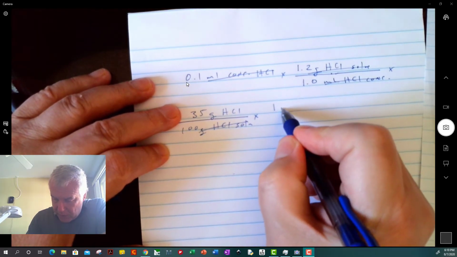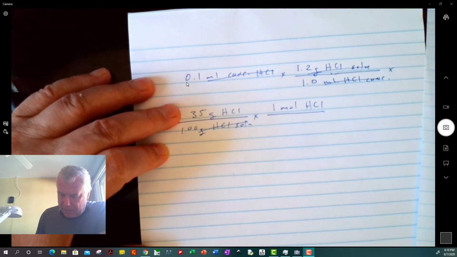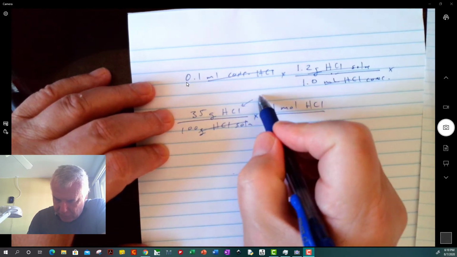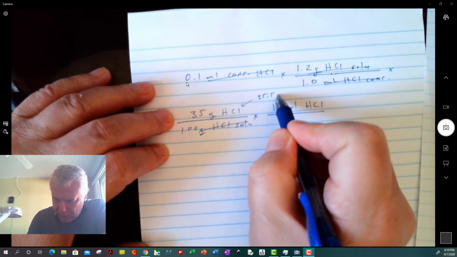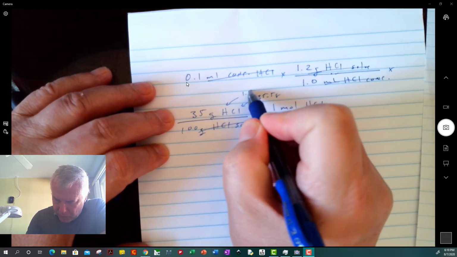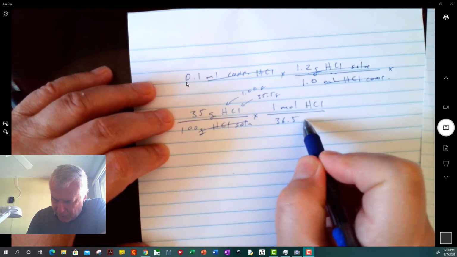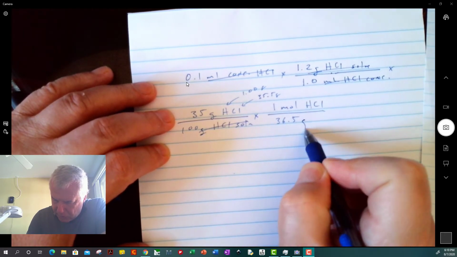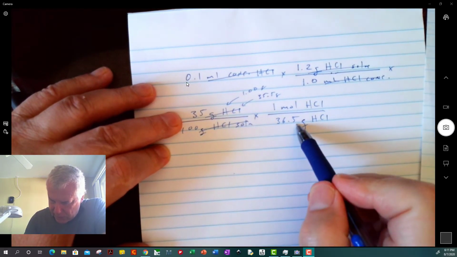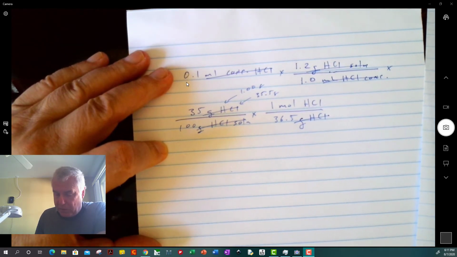Let's say 1 mole of HCl for how many grams? Well, Cl is 35.5 grams, and H is 1.0 grams. So it's going to be 36.5 grams of HCl, so this unit grams of HCl can cancel down here. Now we have moles of HCl in this 0.1 milliliters, right?